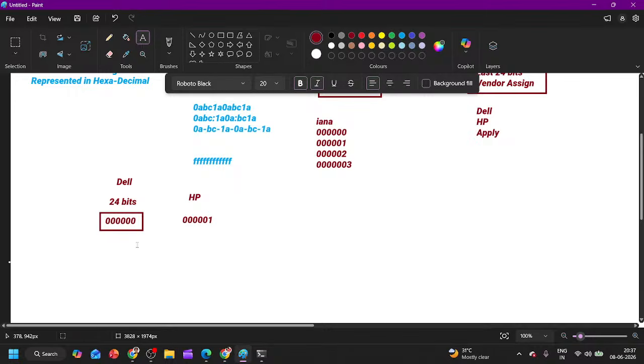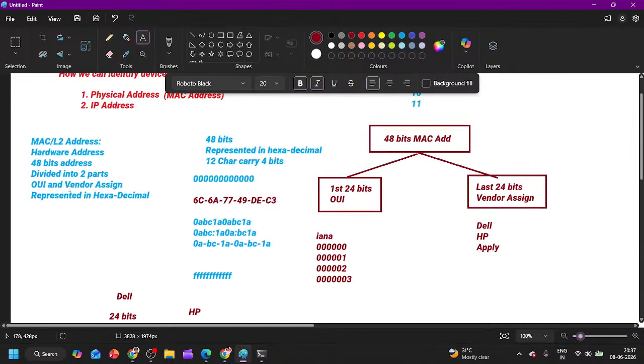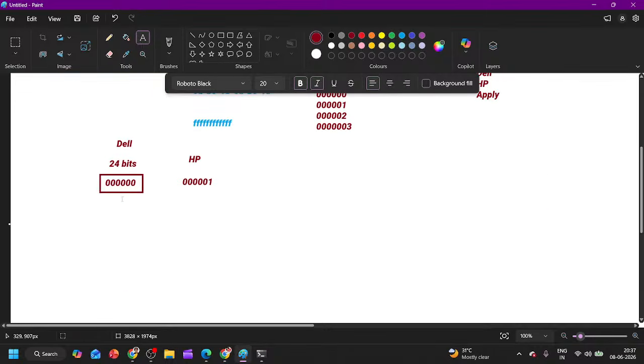So it depends on free bits. Total length of a MAC address is 48 bits, 24 bits are reserved, so 24 are free. You can say 2 power 24. If you know the binary to decimal calculation, you can understand it very well. 2 power 24 MAC addresses can be designed with the help of one OUI.